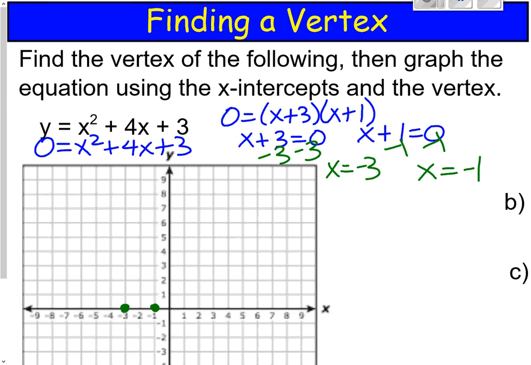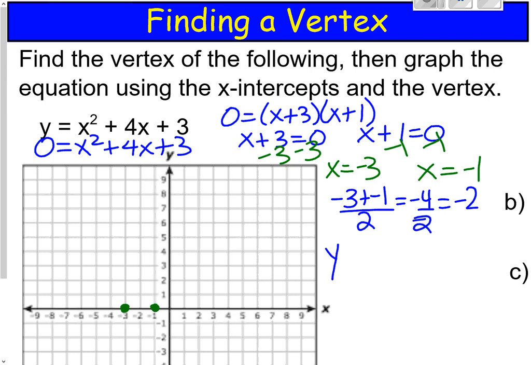The second thing we're going to do is find the x-coordinate of our vertex by adding our two x-intercepts together and dividing by 2. And we get negative 2. So x equals negative 2.